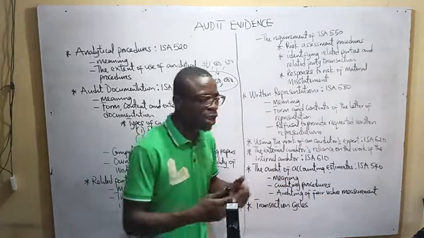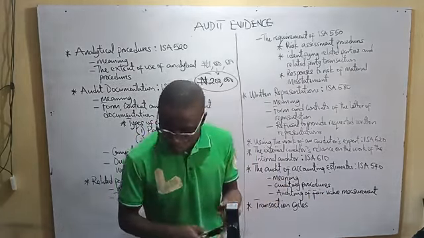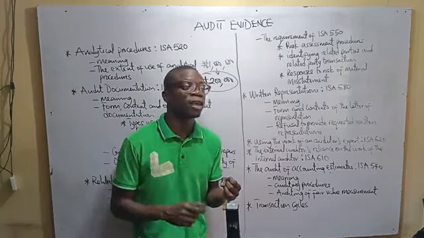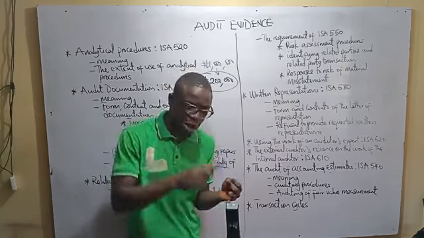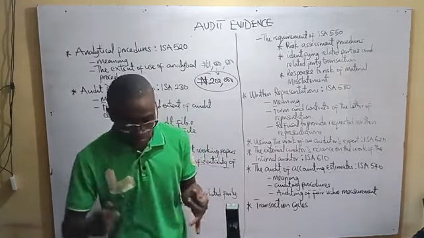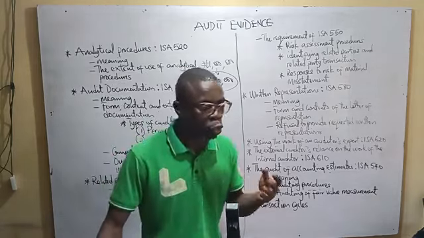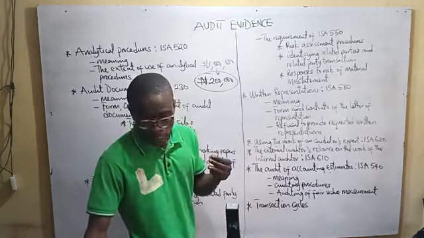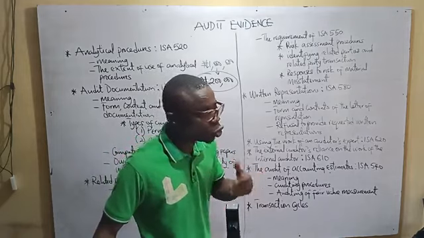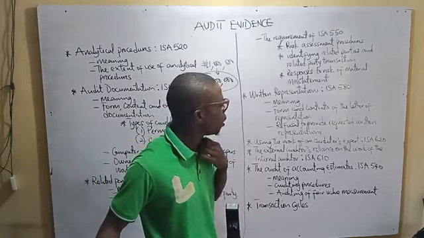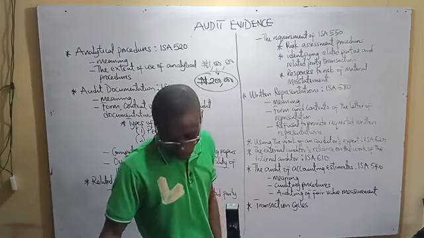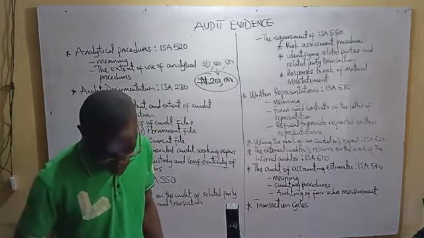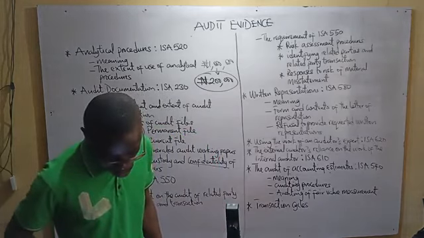How relevant is the data used by the expert? Is it complete? Is it relevant? Is it accurate? These are what you look at to evaluate the adequacy of the work done by the auditor's experts. Any question on that? No, sir.